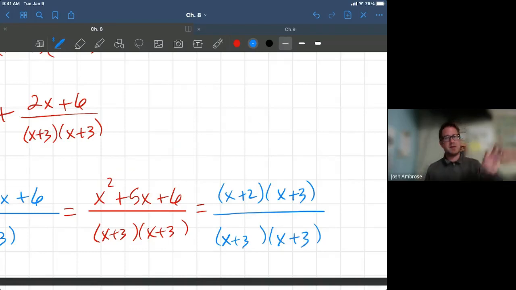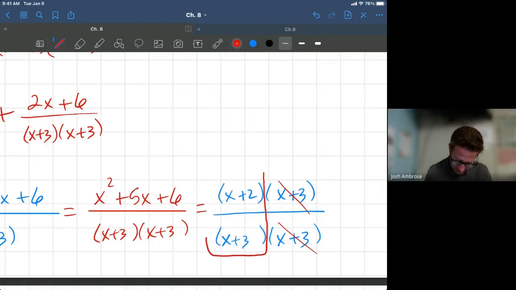Now you should think back to some previous sections because we can take these out. Everything from here is now multiplication and division, which means we can simplify and cross terms out. What we're left with is our solution: x plus 2 over x plus 3.